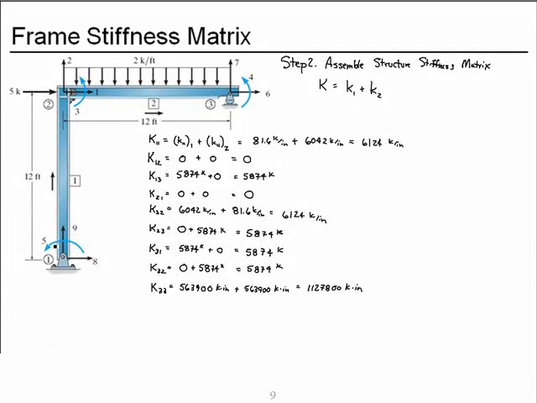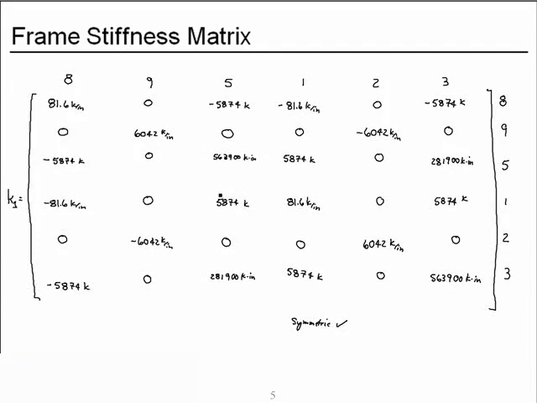For columns 5, 8, and 9, we need to look to the element stiffness matrix for element 1. And for column 5, rows 1 through 3, we want these coefficients. For 8 and 9, we want these coefficients.